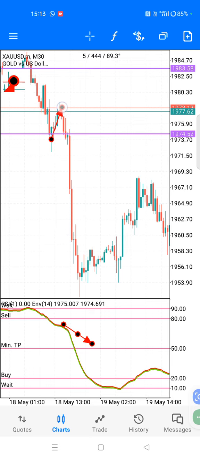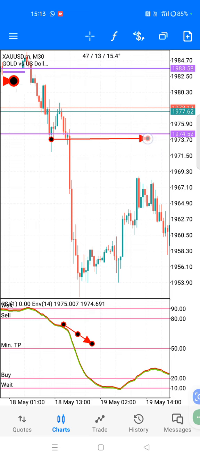it went up for a while, then you should take a layer. For my kind of trading, every 15 pips it goes up, I will put one more trade. Meaning to say, I entered my trade at 1974.52.